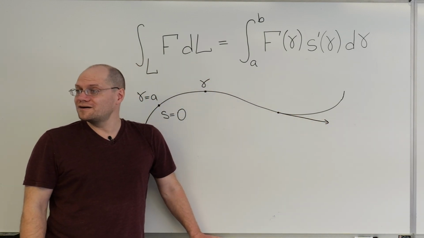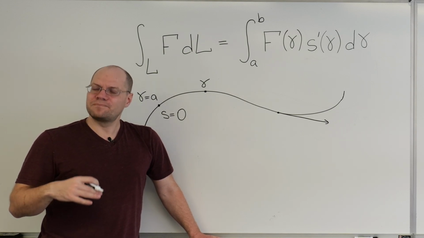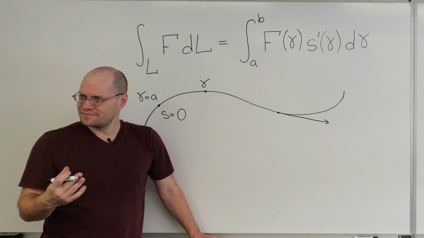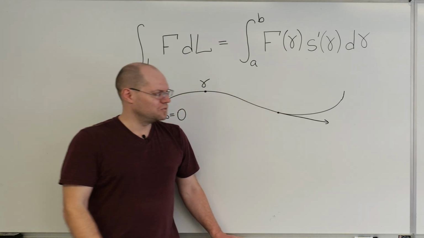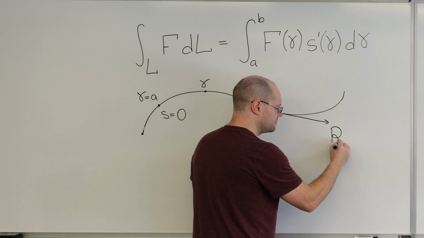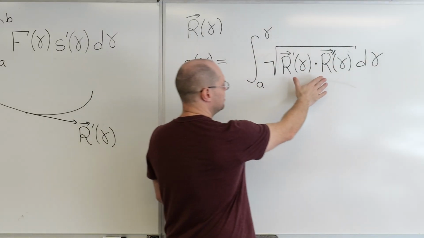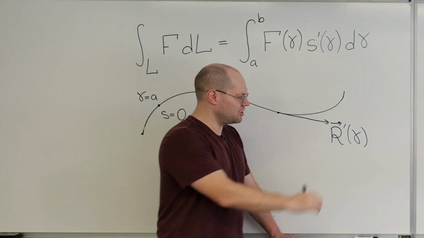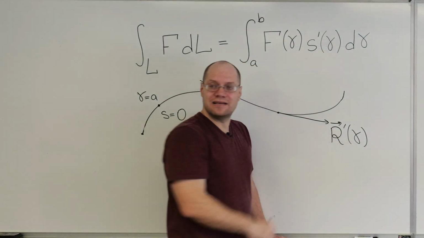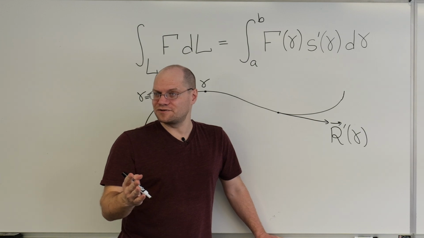And moreover, if we think of gamma as time, and of the curve as the trajectory of a material particle, what a natural way to think about it, then this quantity with a square root represents the magnitude of this vector. And because r prime represents velocity, perfectly intuitive, right?